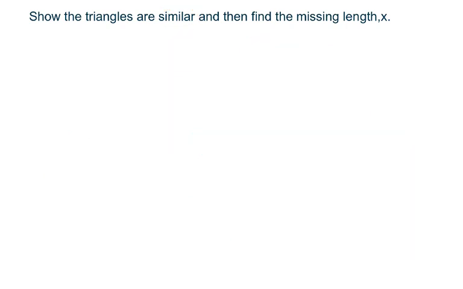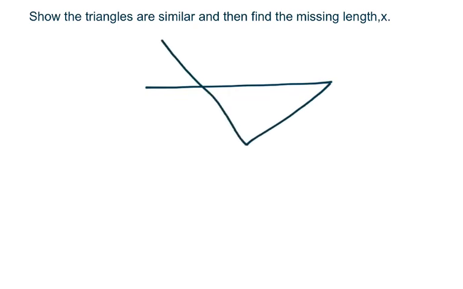All right, let's try it again, but with a different looking picture. Our picture now is going to look like this. So same thing, we want to show the triangles are similar and then find the missing length.